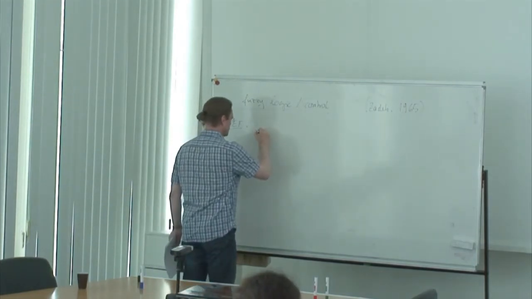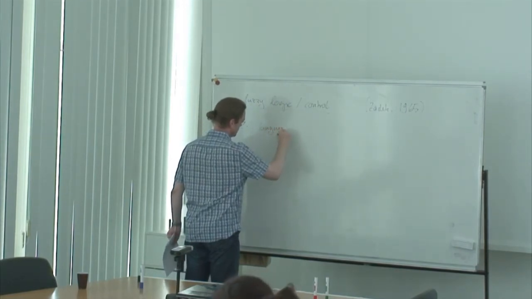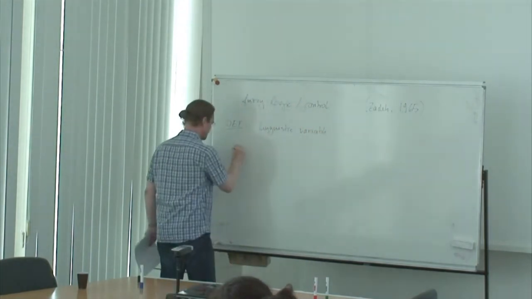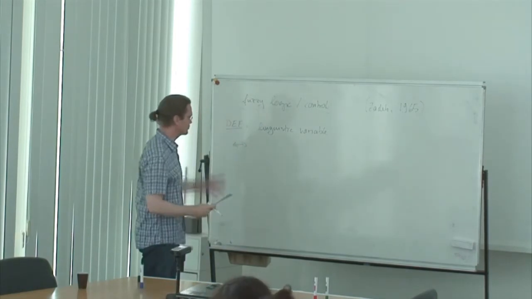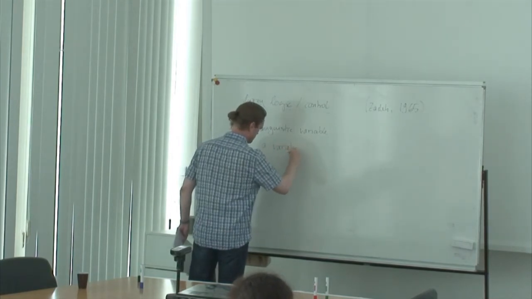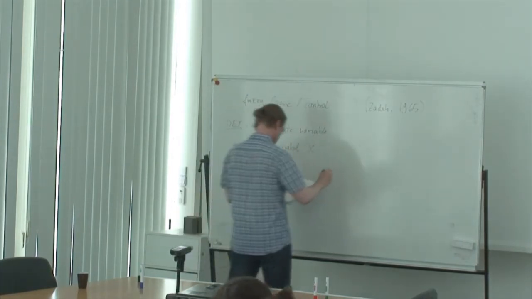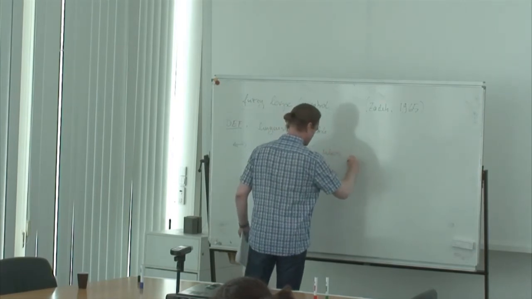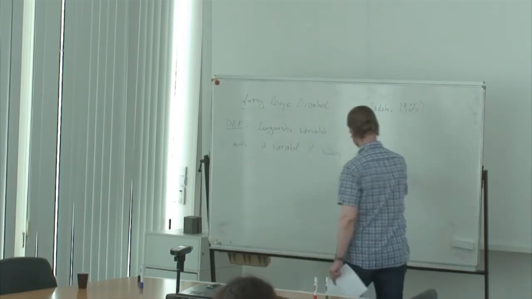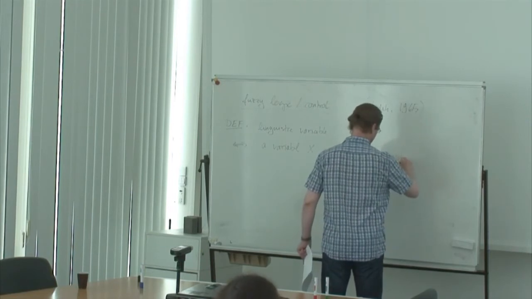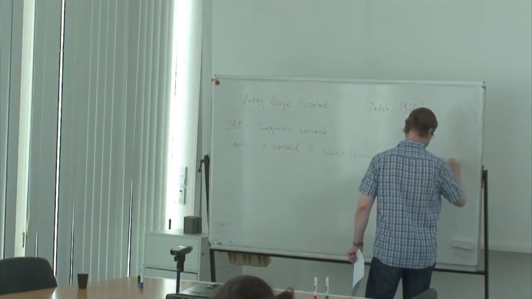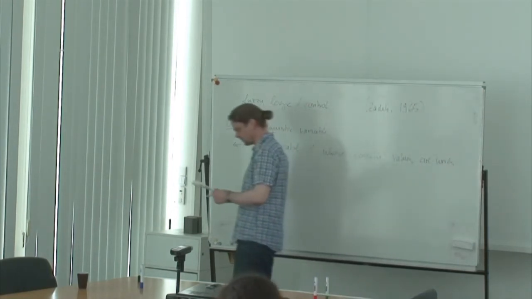The first term is the idea of a linguistic variable, and that is supposed to refer to a variable, let me call it capital X, whose possible values are words, or terms, sentences, I don't know.